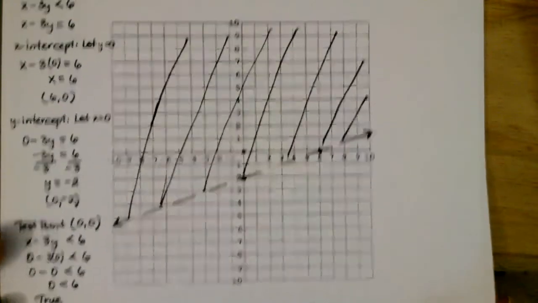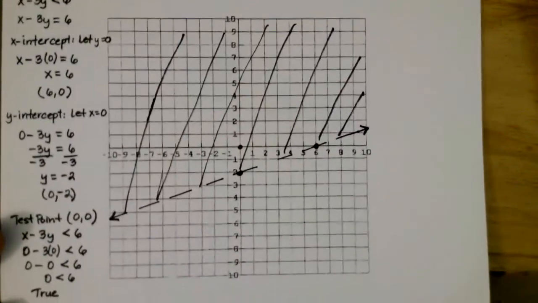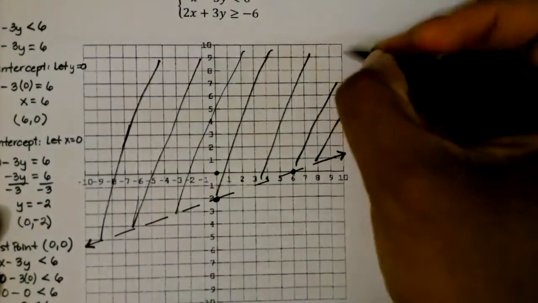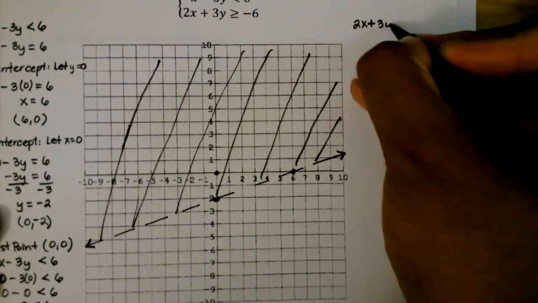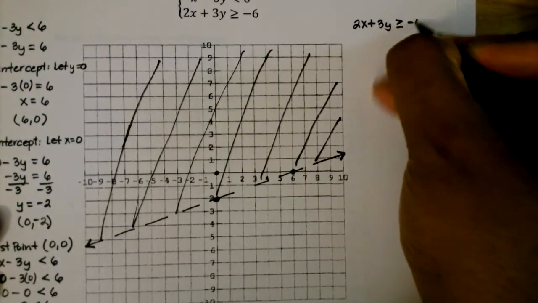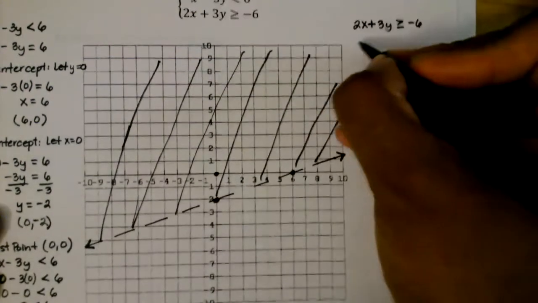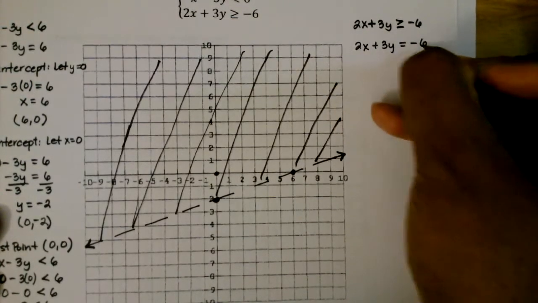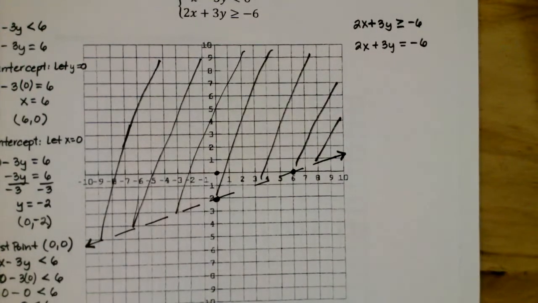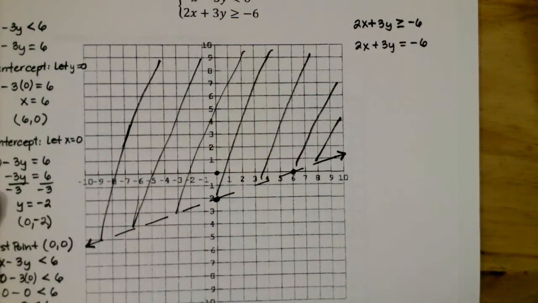And now for the other equation, 2x plus 3y is greater than or equal to negative 6. I'm going to do this on the right side. I'm going to graph this as if I was graphing 2x plus 3y equal to negative 6, just like I did x minus 3y is less than 6.